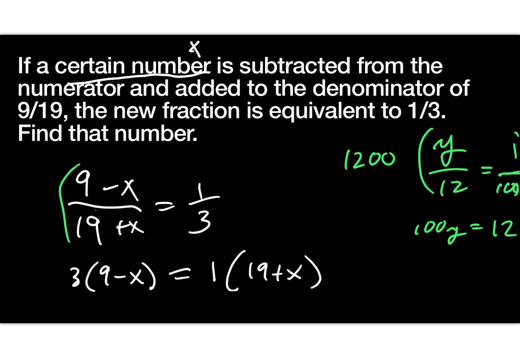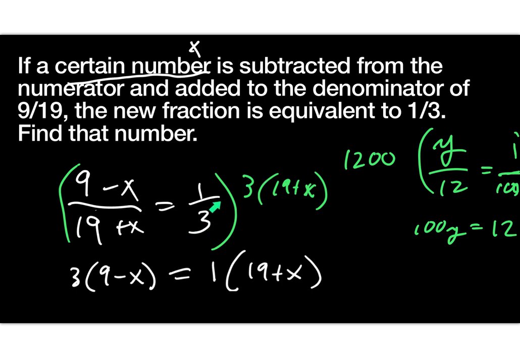What I'm doing over here is the same thing. So that's what cross multiplying is, but I multiplied everything by 3 times 19 plus x. And when I do that, the 19 plus x and this 19 plus x reduce, leaving me with 3 times 9 minus x. On this side, I have 1 times all of this. So I'll have 3 times 19 plus x over 3.